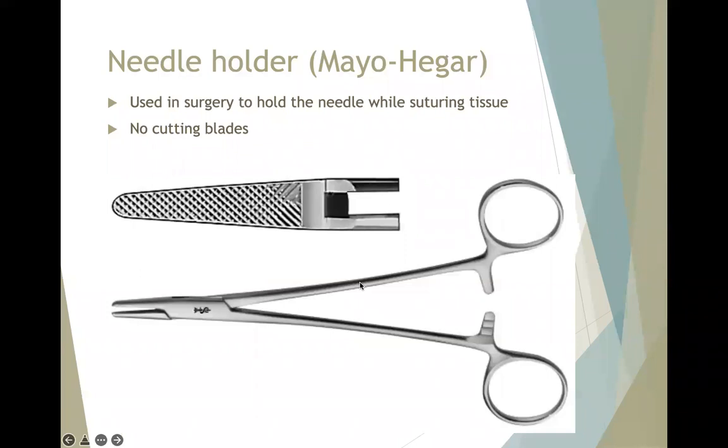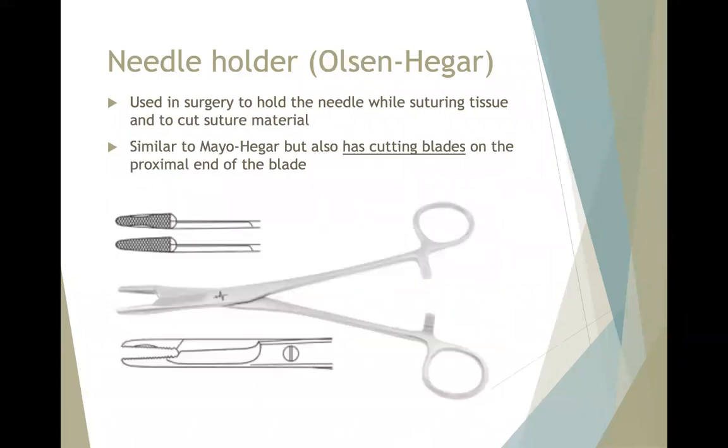Now, the difference between these needle holders, our Mayo Hagars, and our Olson Hagars, they sound very similar, is our Olson Hagars also include scissors. So they're a 2-in-1 tool. Olson Hagars are needle holders and pretty much Mayo scissors in one. Now, remember our Mayo scissors, those short, clunky scissors, we use those when we're cutting the suture.